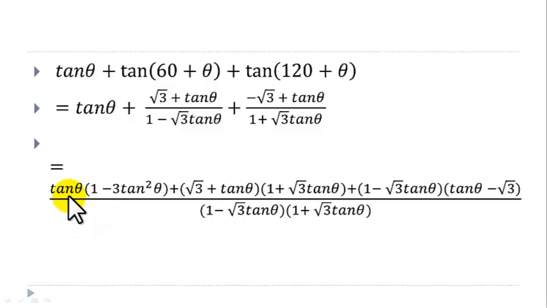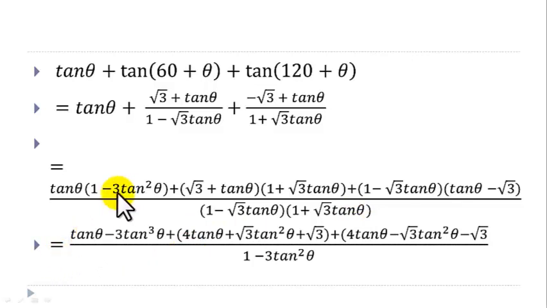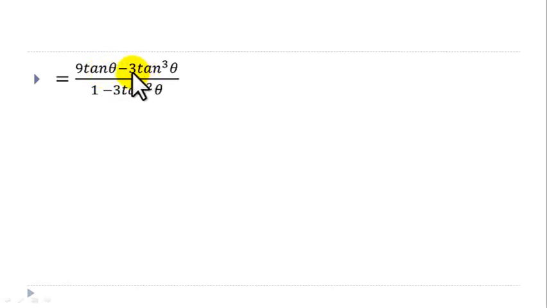So this will give us tanθ into (1 − 3tan²θ) plus (√3 + tanθ) times (1 + √3 tanθ) plus (1 − √3 tanθ) times (tanθ − √3), all over (1 − √3 tanθ) times (1 + √3 tanθ). So when you open this bracket, tanθ − 3tan³θ + 4tanθ + √3 tan²θ + √3 + 4tanθ − √3 tan²θ − √3, all over, please note this difference of two squares, that will give us 1 − 3tan²θ, and that will give us 9tanθ − 3tan³θ all over 1 − 3tan²θ.